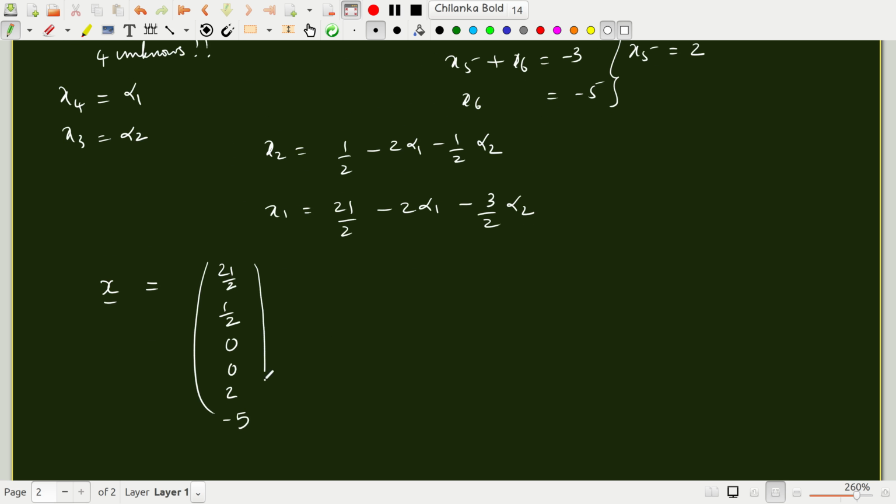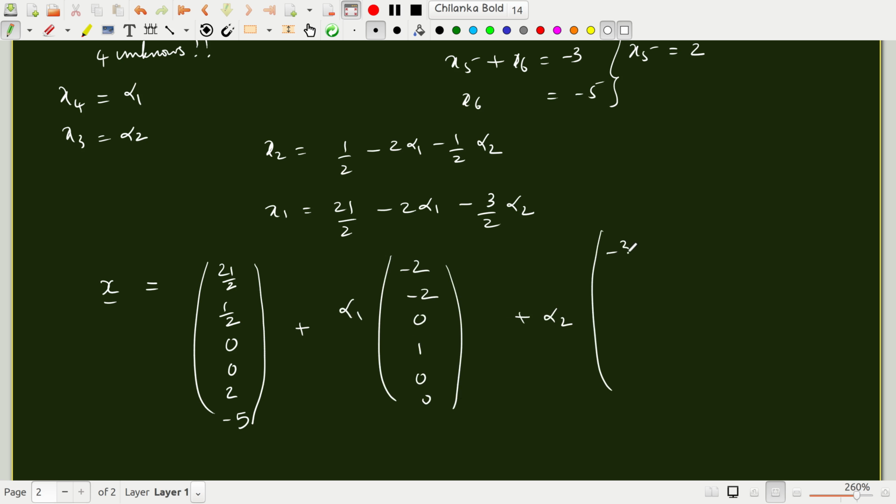Plus alpha 1 times minus 2, minus 2, 0, 1, 0, 0, plus alpha 2 times minus 3 by 2, minus half, 1, 0, 0, 0.